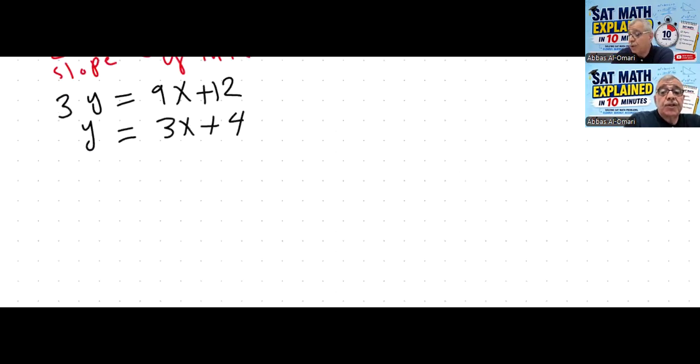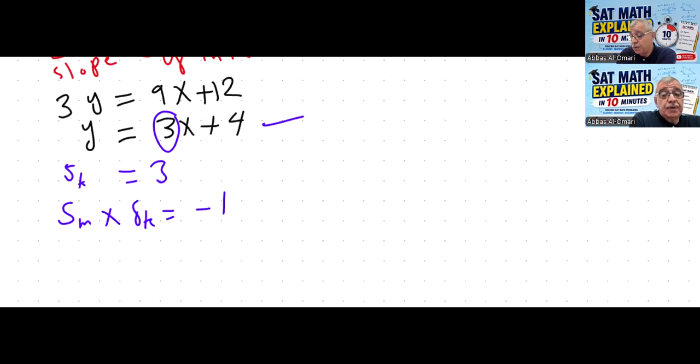From this equation, we know that the slope of line K equals 3, which is the coefficient of x. Now we know that the two lines are perpendicular, so the slope of line M times the slope of line K equals -1.